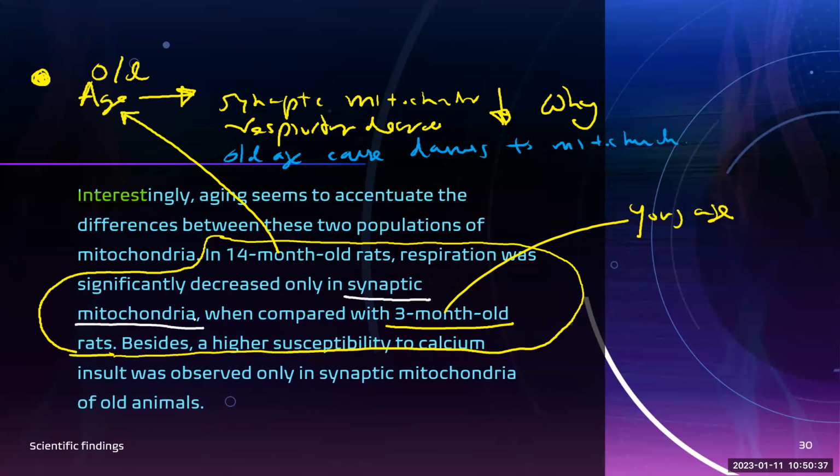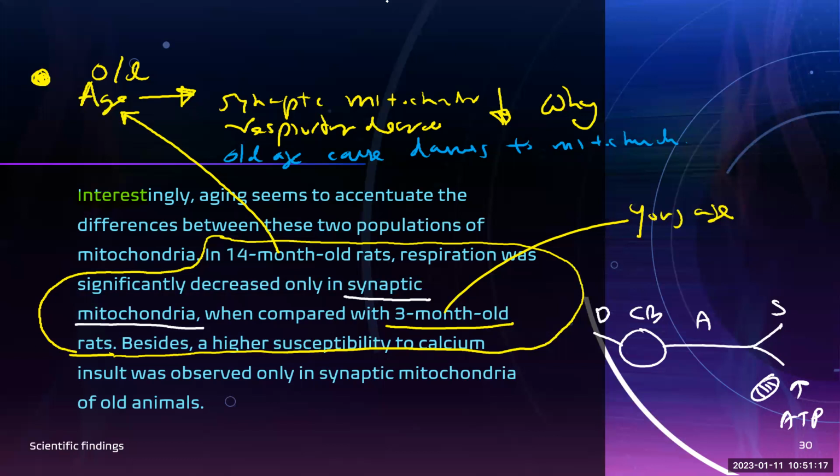Why synaptic mitochondria? Because energy use at the synapse is high. Even in compartmentalization, dendrite, cell body, axon, synapse, this confirms that the highest energy production is in the synaptic mitochondria, because in this experiment their respiration was significantly decreased. That means energy production decreased, more damaged.